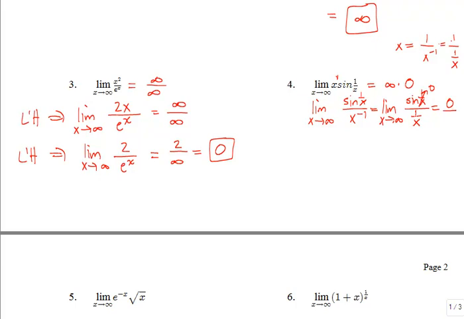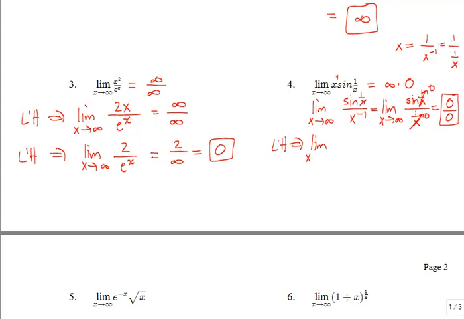And in the bottom, 1 over infinity goes to 0, so the bottom is 0 as well. Now we have the indeterminate form 0 over 0, which means we're allowed to apply L'Hopital's rule. So by changing this product into a quotient, we turned it into one of those allowed indeterminate forms so that we could apply L'Hopital's rule.